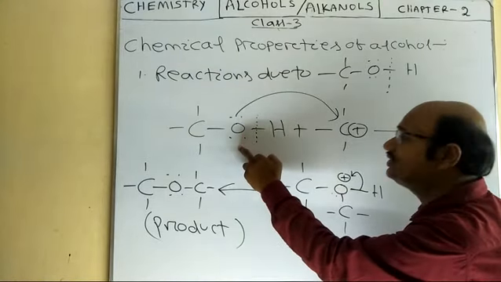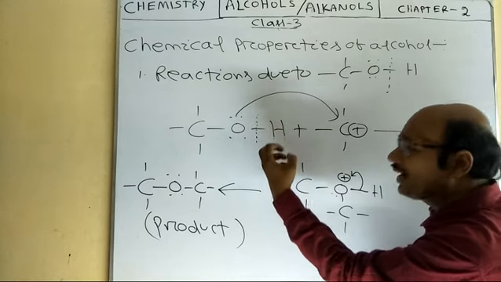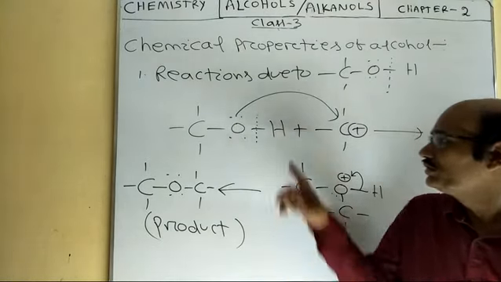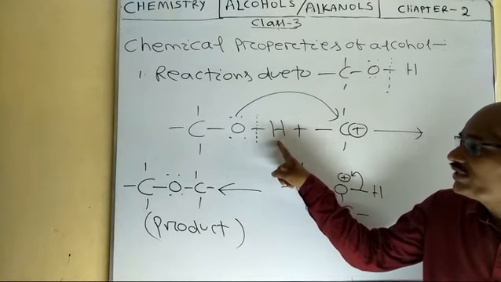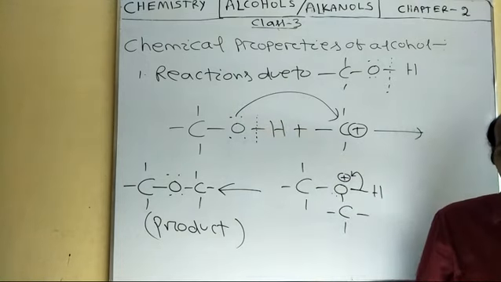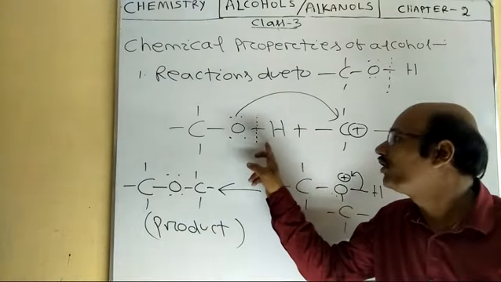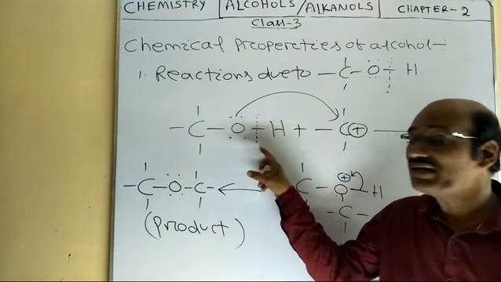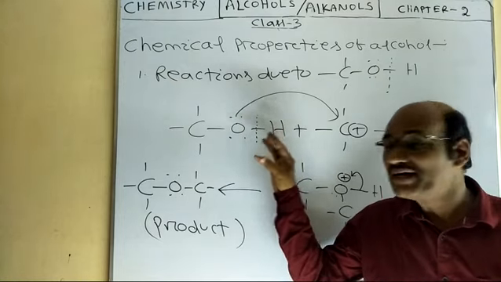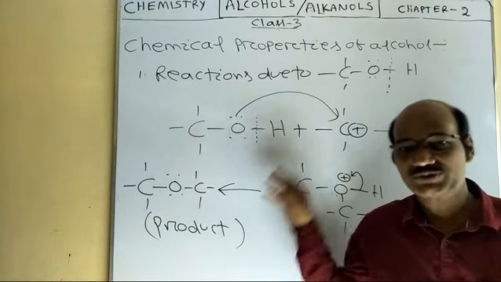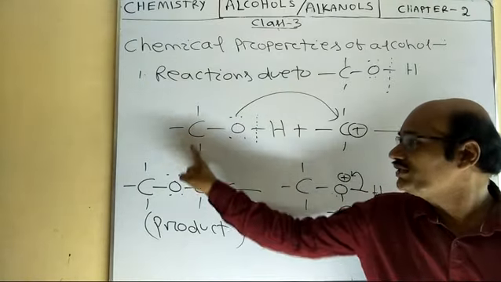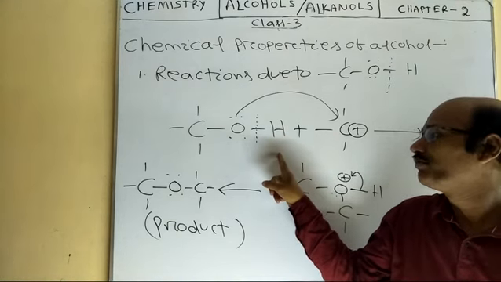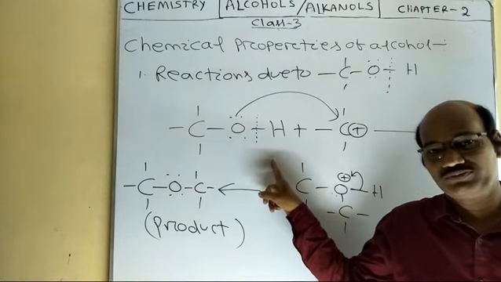And this helps the oxygen to attract the proton more easily, so the proton or the hydrogen cannot detach from the species. So the bond becomes stronger. Because the bond is not breaking easily, the reactivity of the species becomes less. So the more the alkyl groups, the less is the reactivity, and the less is the possibility of breaking of this O-H bond.